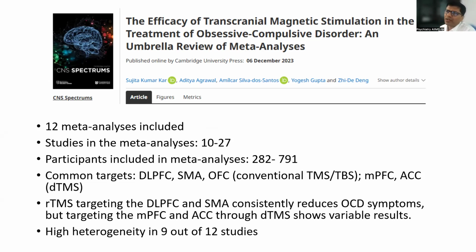If you are targeting the dorsolateral prefrontal cortex, then target the left dorsolateral prefrontal cortex with a stimulatory protocol. If you are targeting the supplementary motor area, then target it with an inhibitory protocol. So maybe low frequency rTMS or continuous theta burst stimulation for the supplementary motor area, and intermittent theta burst stimulation or high frequency rTMS for the left DLPFC.